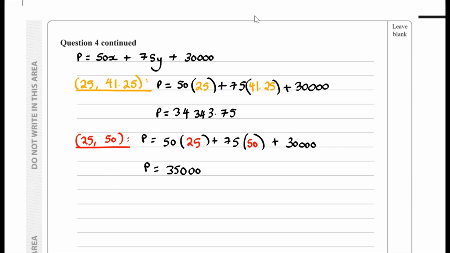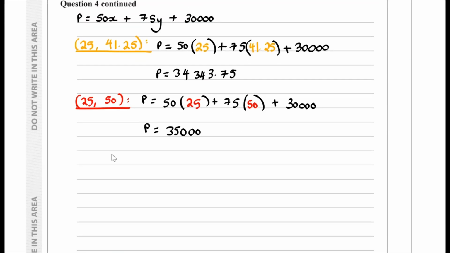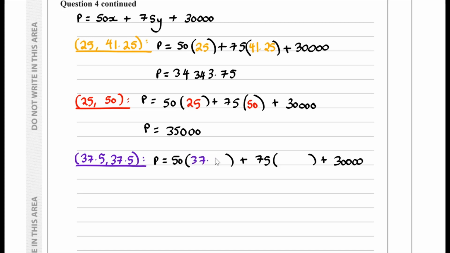And if we substitute in this over here, the 37.5, so substituting that in, 37.5 and 37.5, if we substitute these into our P over here, you'd find P to equal 50 lots of this plus 75 lots of this plus 30,000.